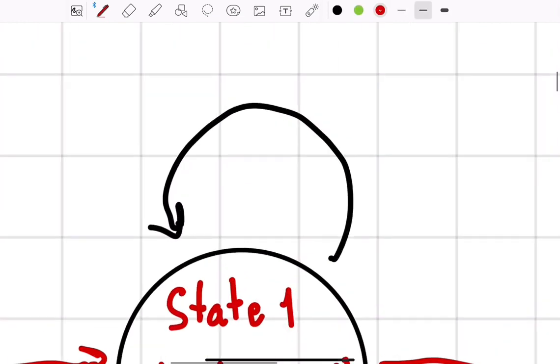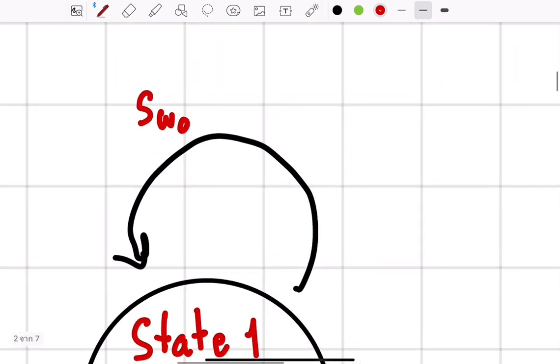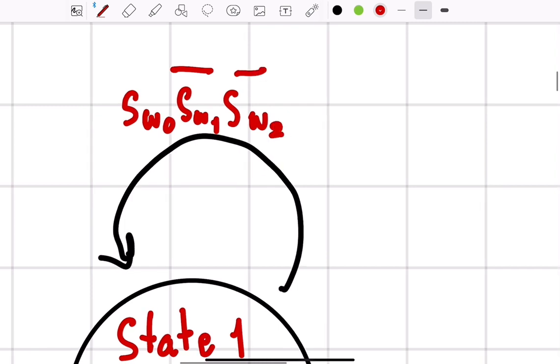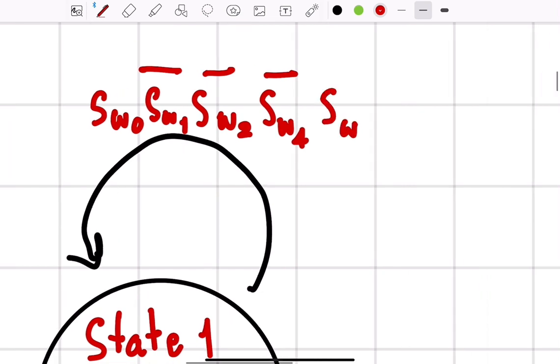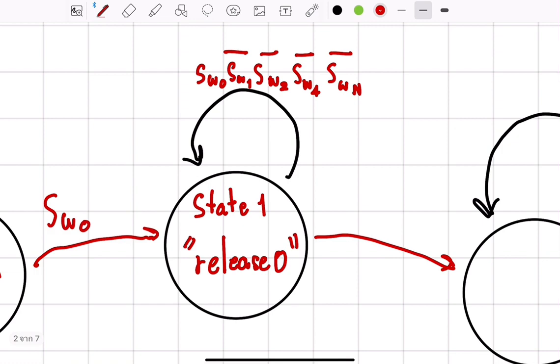When I push switch 0 and don't put switch 1, don't put switch 2, don't put switch 4, and don't put switch N, I go to state 1, working again in state 1.